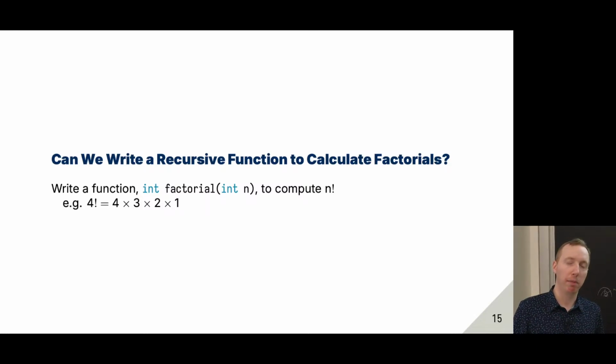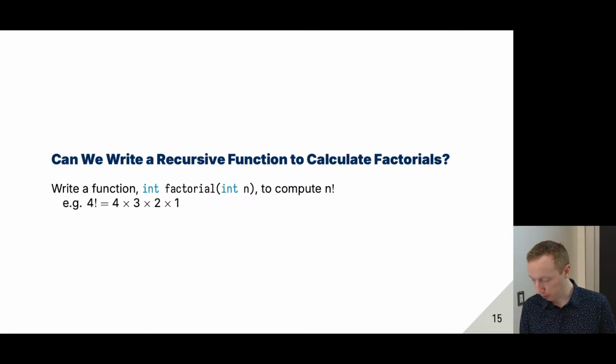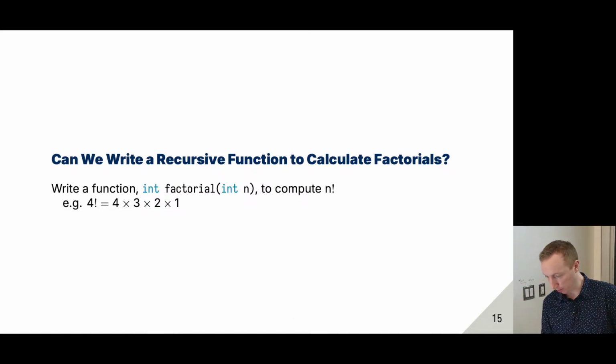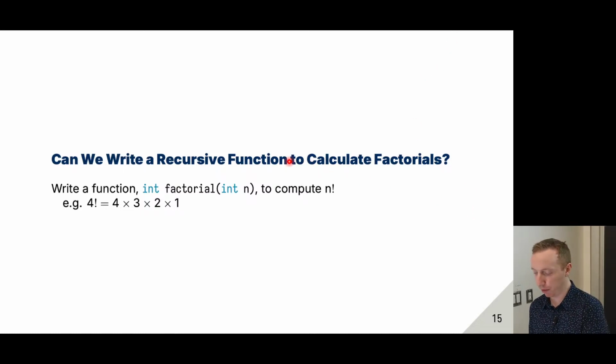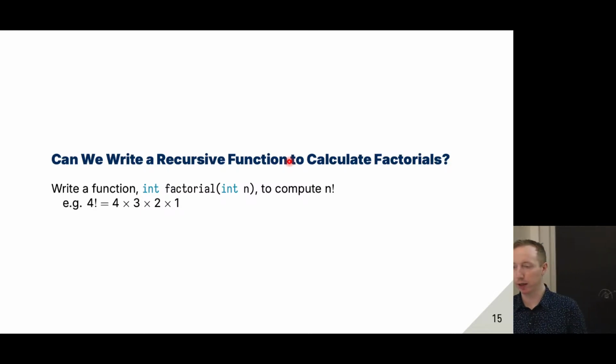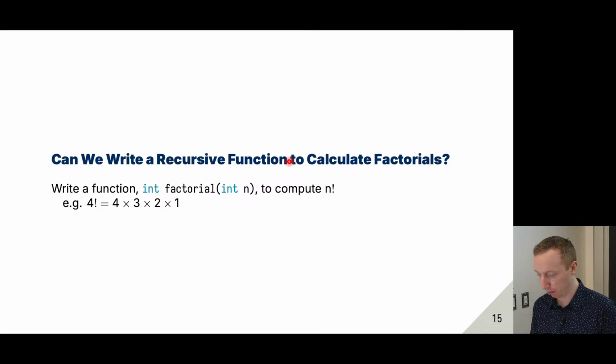Sit, think about it for a few minutes, and then we will try and come up with the code ourselves together. So we're trying to calculate factorials, and for example, 4 factorial would be 4 times 3 times 2 times 1.